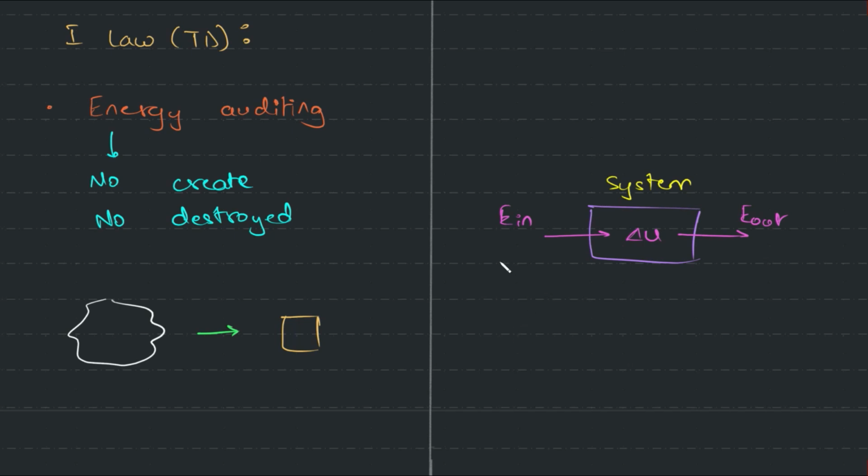Right? So how can we put energy into the system? Remember, it has to be in terms of heat and work. Energy can go out of the system with heat and work. Energy can come into the system with heat and work. So heat in or work done on the system, heat out or work done by the system.